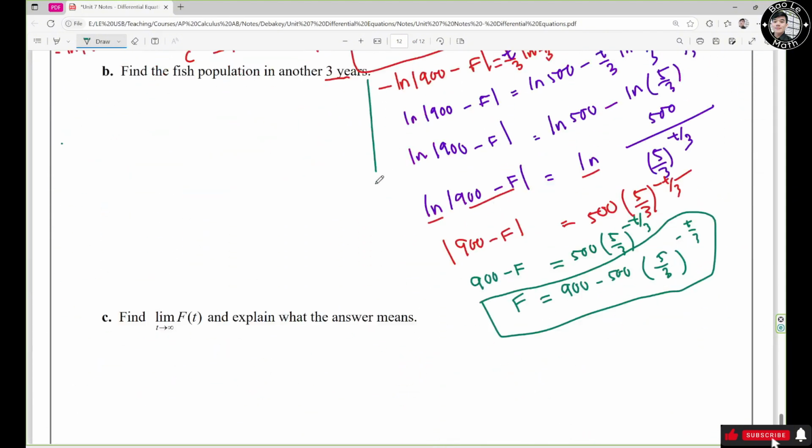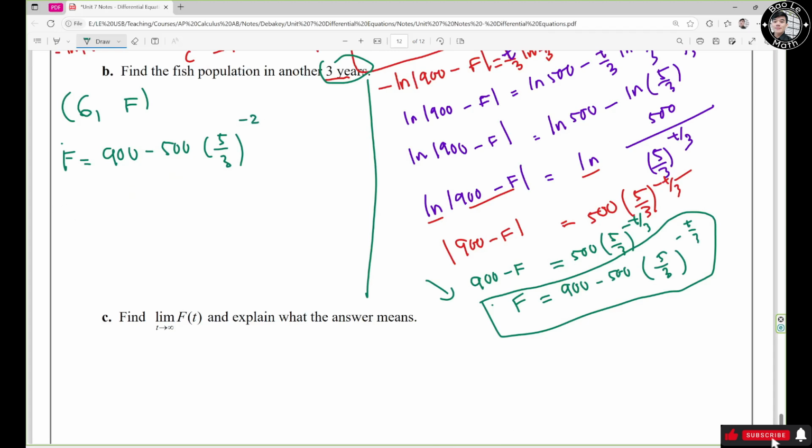Now question B, find the fish population in another 3 years, which is t in this situation is 6, and f is unknown, so keep that in mind. Substitute 6 for t into this equation right here. You have f equals 900 minus 500 times 5 over 3 raised to the negative 6 over 3, which means negative 2.